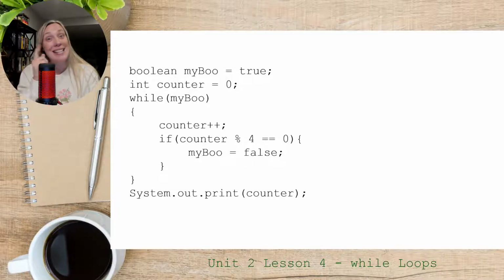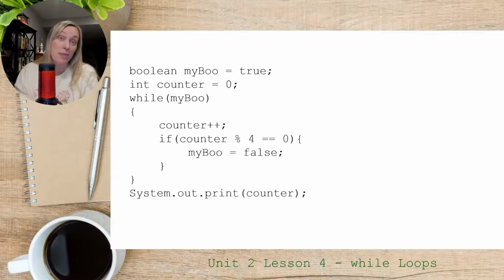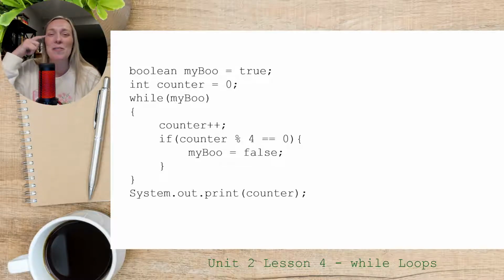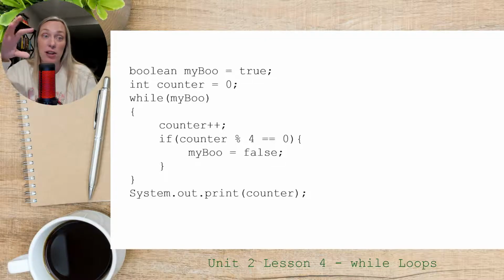In the next lesson, we're going to talk about how we use these loops to help us start solving problems in our code. Maybe you can already think of some examples of, man, it would have been nice to know this for another project I had earlier. They're so helpful, but we have to know how they work at a foundational level. So that's what these tracing problems are helping us do.